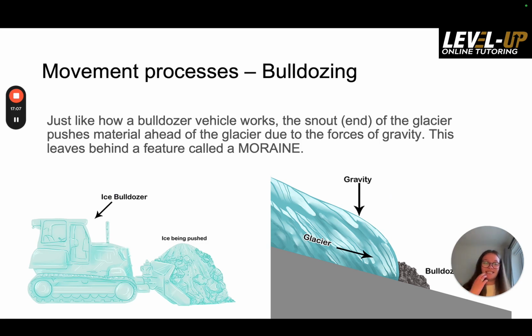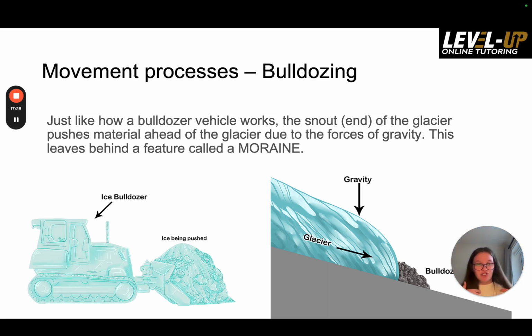There are two more processes. These are movement processes. So just like how a bulldozer works, the end of the glacier pushes material ahead of the glacier due to the forces of gravity. So any pieces of sand, rock, sediment, anything that's in front of the glacier has so much power that it pushes it forward.